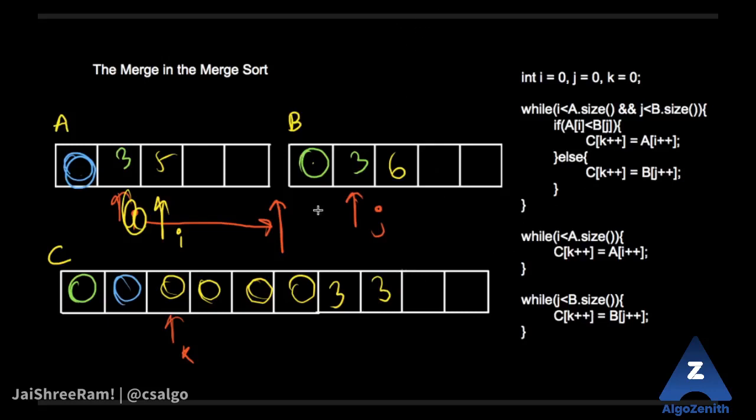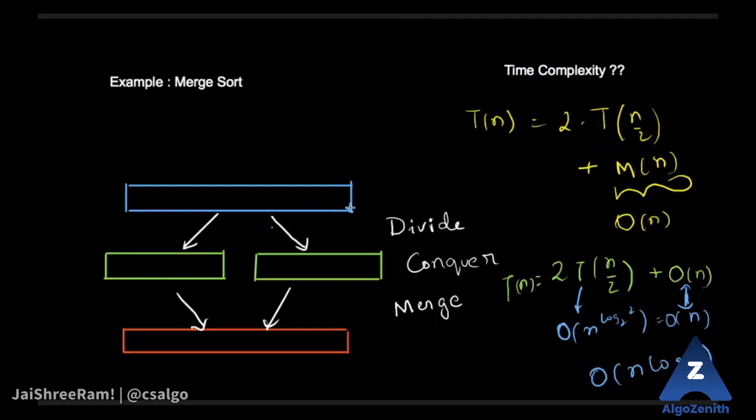So this is the whole idea of merge sort, that you divide it recursively. So you can maintain a function, let's call it m sort, and call it on the array A from the range 0 to n minus 1.